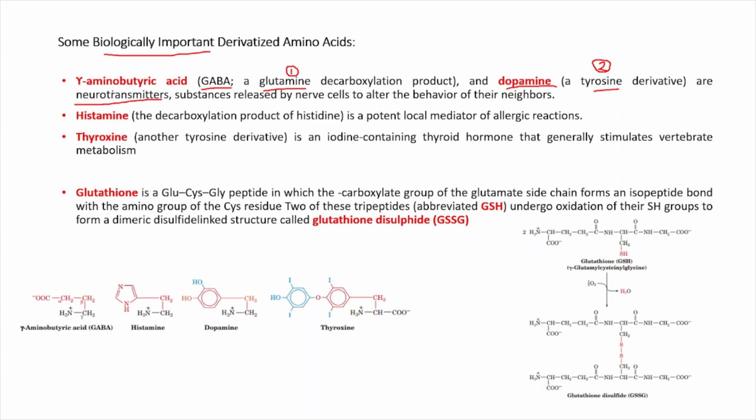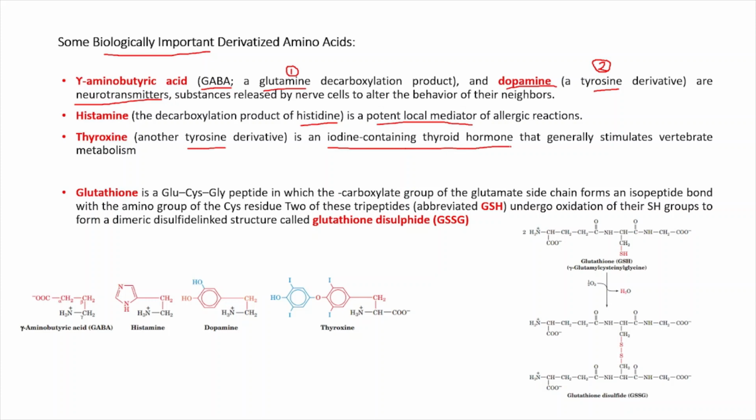These are actually derivatives of some amino acids. Another one we have is histamine, which is a derivative of histidine, and it is a potent local mediator of allergic reactions. Another derivative is thyroxine, which is a derivative of tyrosine, and it is an iodine containing thyroid hormone.